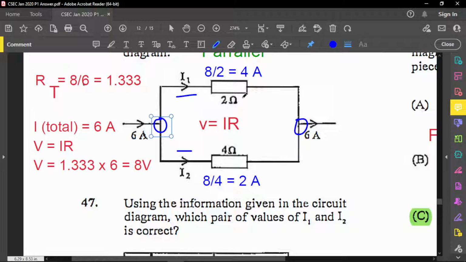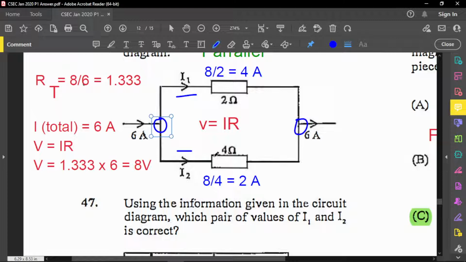Now to calculate the current of each resistor, you're going to use the voltage, which is 8, and divide it by the resistance. Again, you can use this formula: to find current I, it is voltage divided by resistance. So here, voltage 8 divided by 2 gives you 4 amperes for I1.